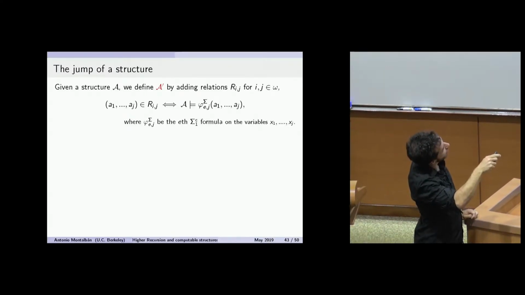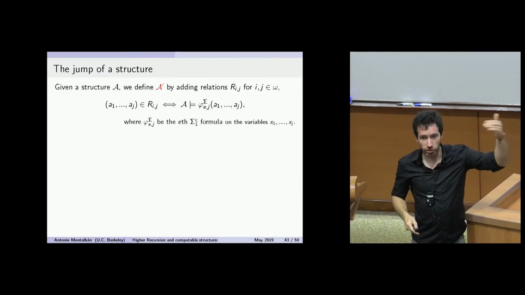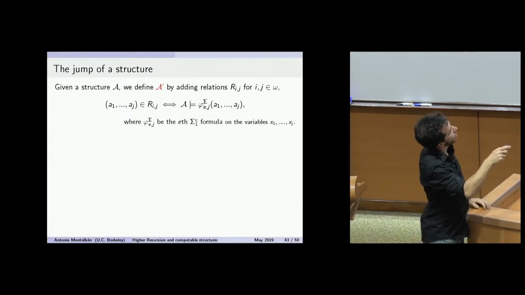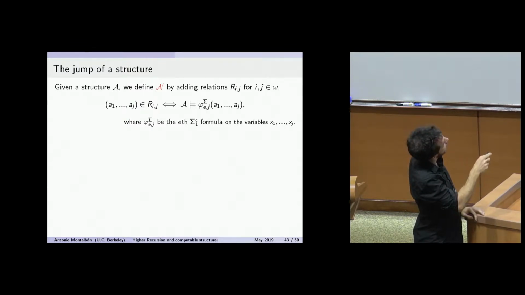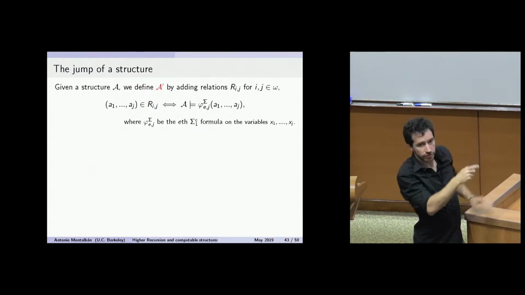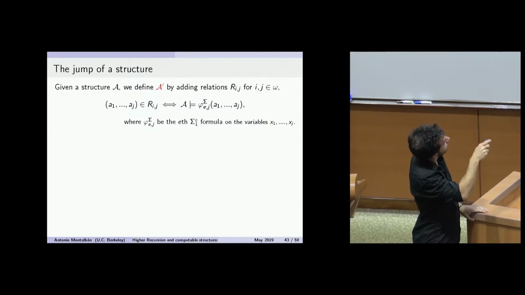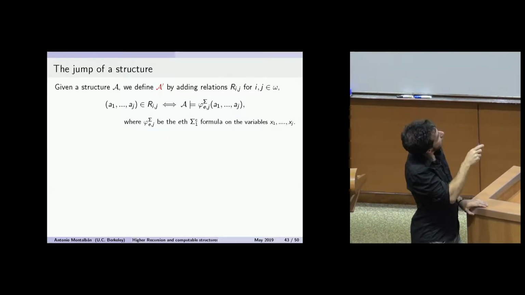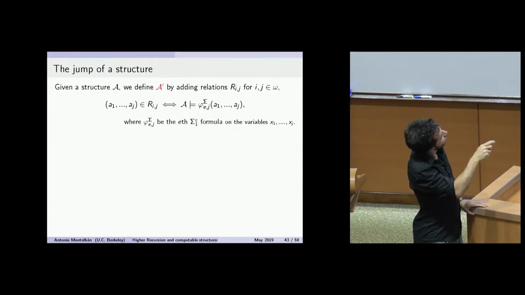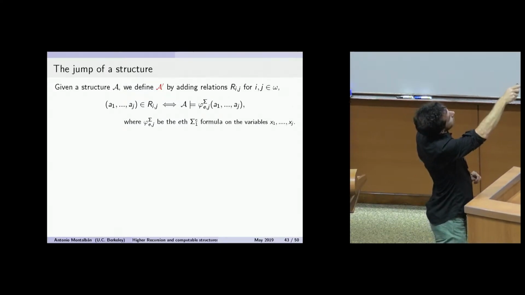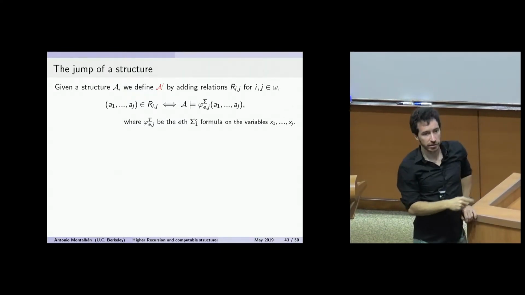by adding infinitely many new relations, R_i^j. The j is the arity of the relation. And this tuple belongs to the relation if and only if A satisfies this formula, where this comes from an enumeration of all the computably infinitary sigma 1 formulas on the variables.